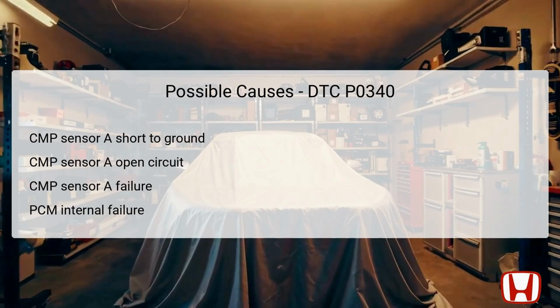Additionally, the CMP sensor A itself may simply be malfunctioning due to wear or internal failure. Finally, it's important to consider the possibility of an internal failure within the PCM, which could also cause the DTC to trigger. While these are common issues, it's crucial to conduct a thorough examination, as other potential problems may not be listed, but could contribute to the sensor's failure.